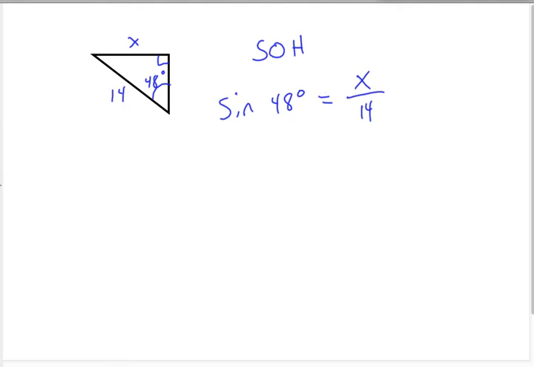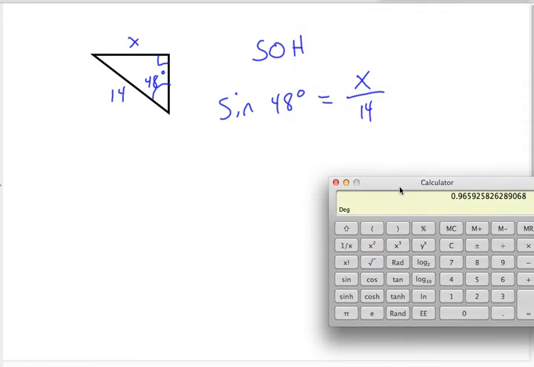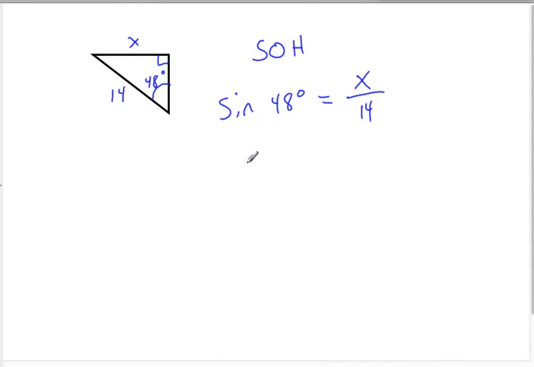So once we get our trusty calculator out, we know that sine of 48 degrees, we'll just round to the nearest hundredth again, is 0.74. So we know that 0.74 is equal to x over 14. Now we can solve for x by multiplying both sides by 14.